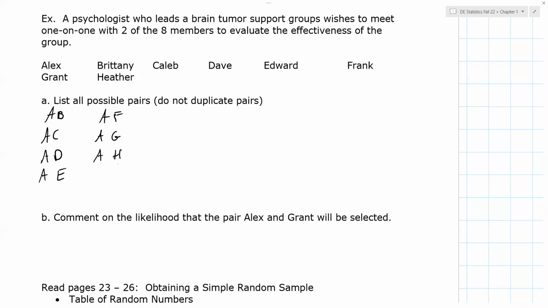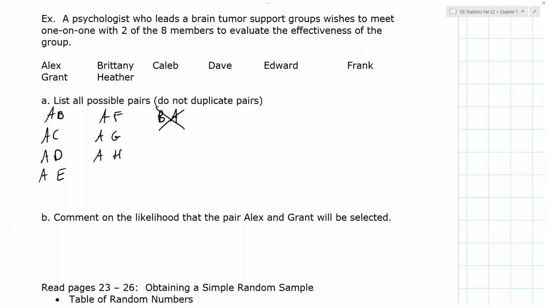Next, instead of starting with Alex, I'm now going to start with Brittany and all the possible connections that she could have. Now, one thing to remember is we already have A and B, so B and A is not needed. It says do not duplicate pairs. Alex and Brittany is the same as Brittany and Alex.